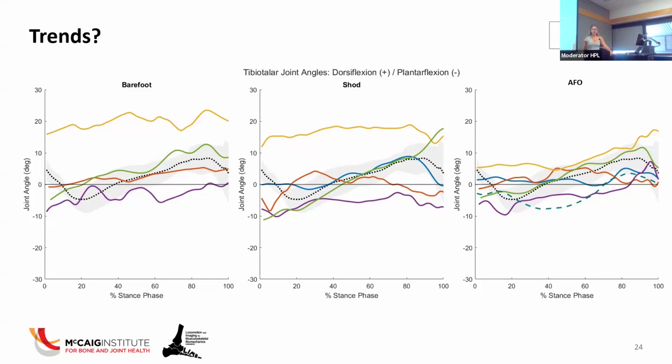So instead, what we're doing is taking the most neutral position of their stance. As they're coming through, when their foot is fully on the ground and they're at their most 90-degree position, that's our imposed neutral. Because what we were finding is that when they're coming in to the neutral position that we're asking them to, they're either really plantar flexing coming back like this, or they're really dorsiflexing coming forward like this.